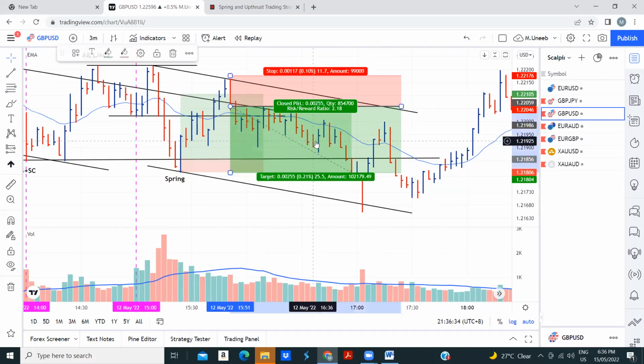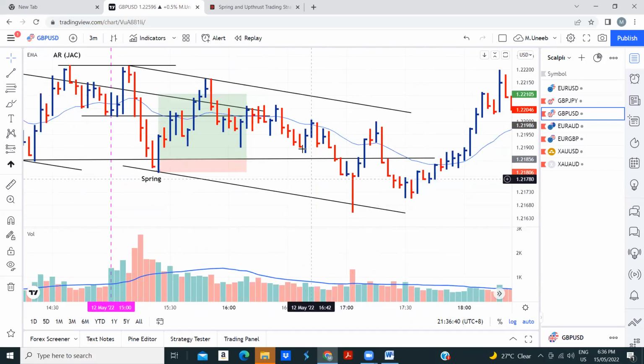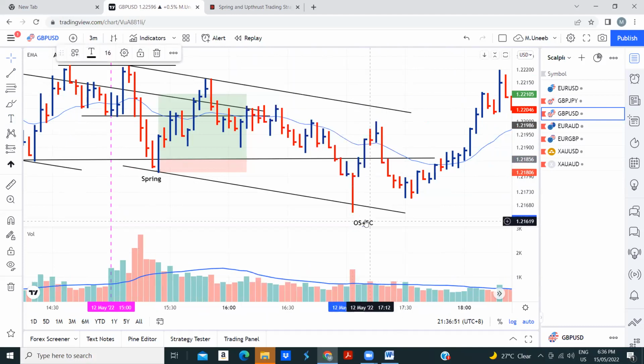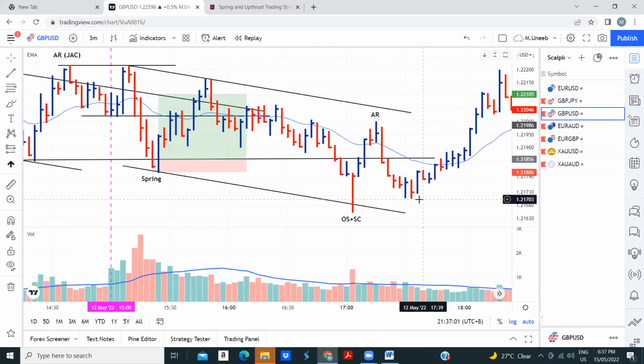And then what did we notice? For this channel, oversold plus selling climax. And what happened? This one is the AR, automatic rally. And this is what?